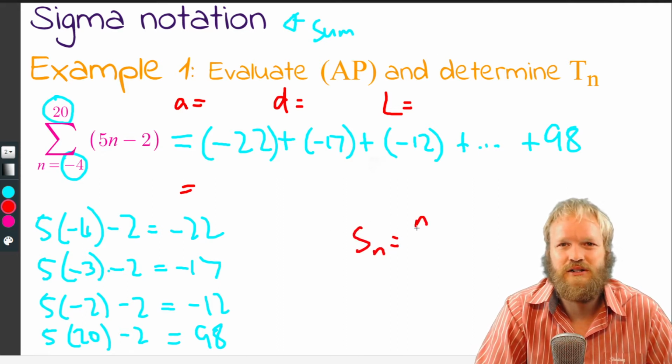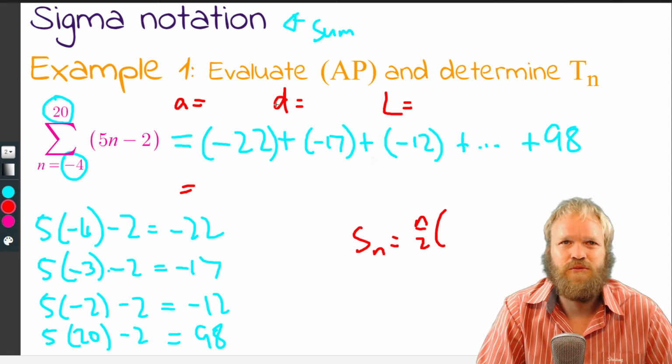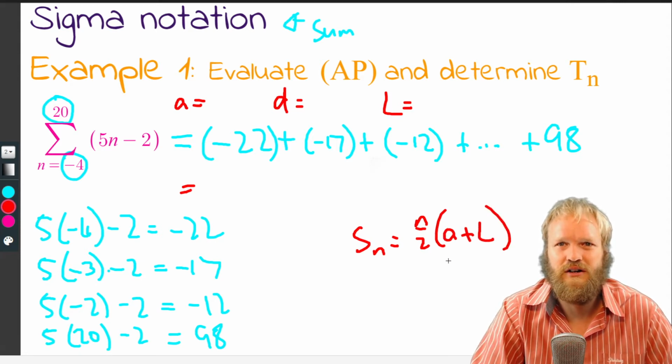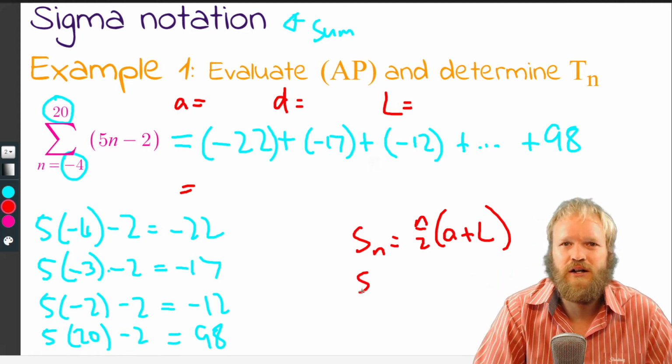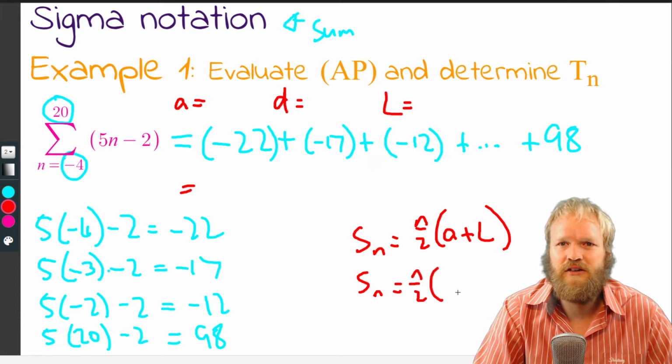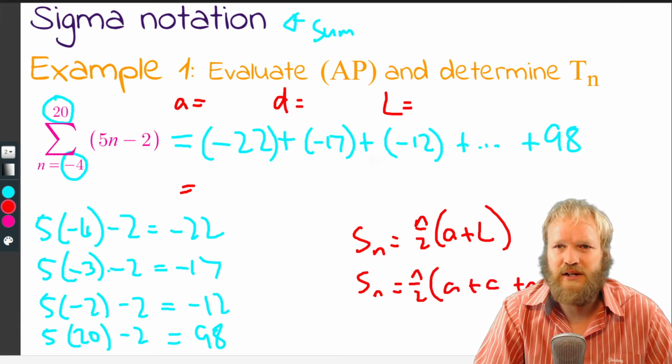Sn equals n over 2, and then we've got A and L, so we might as well use the shortened version here. That's great because we've got A and L, but we don't have n. So perhaps you had said, well, Sn equals n over 2 times (2a plus (n minus 1)d). But we're still going to be stuck because we don't have n.